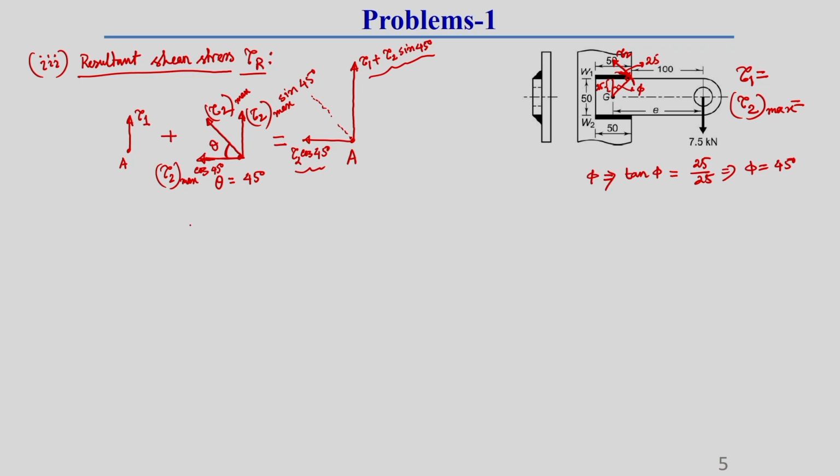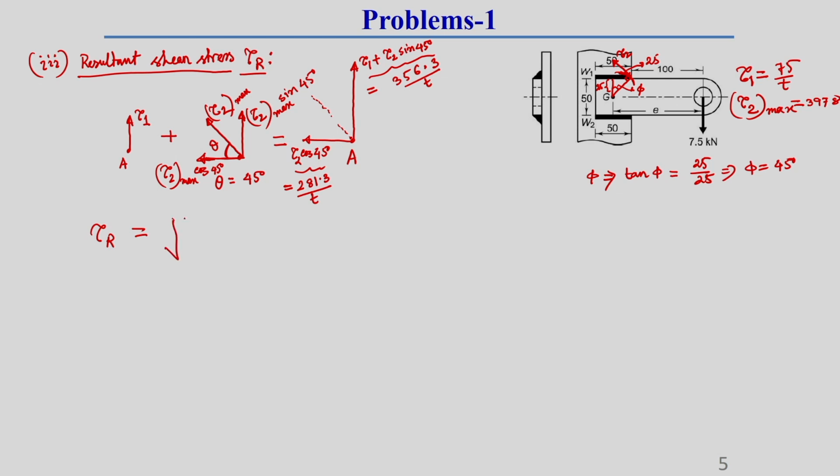Here tau 2 max we are getting as, already I have told you, 397.8, and tau 1 also I have shown you, that is 75 by T. Once we sum tau 1 and tau 2 sin 45 degree, we get the total vertical component as 356.3 divided by T, and the horizontal component we are getting as 281.3 by T. Now we can easily find the resultant component, as this horizontal and vertical component of stress is known to us.